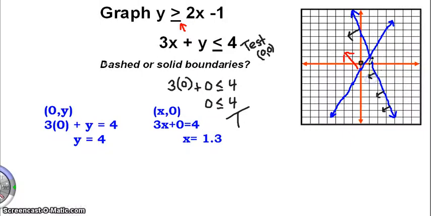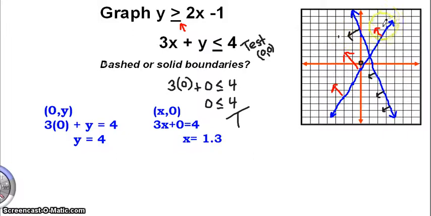Now, that seems to overlap with the other line, y is greater than or equal to 2x minus 1. So I have shading going here with this line, and I have shading going here where my 3x plus y is less than or equal to 4. Well, do I have more shading over here from the 3x plus y less than or equal to 4? No, it's over this way, towards the left-hand portion of your coordinate plane.